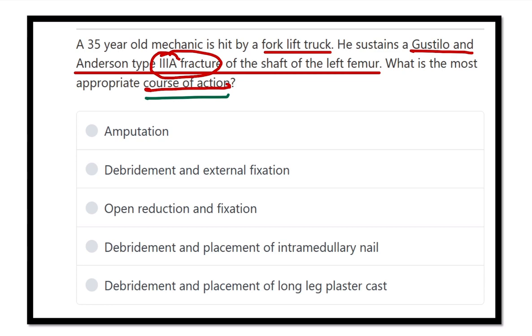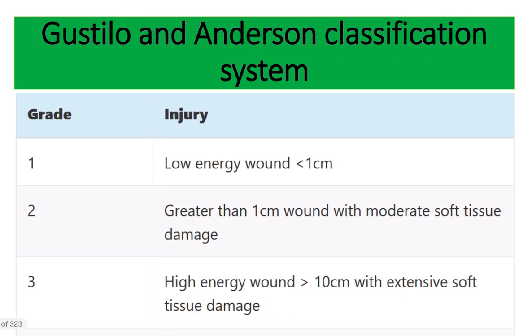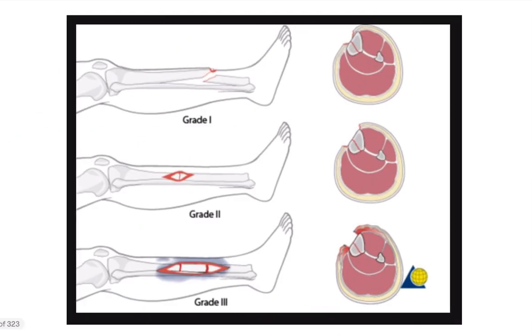So first of all, let's see the different types of the Gustilo-Anderson classification. In these three pictures we can see a minimal injury, then another injury, and in the third picture a large injury. In the Gustilo-Anderson classification, grades 1, 2 and 3 are given here.